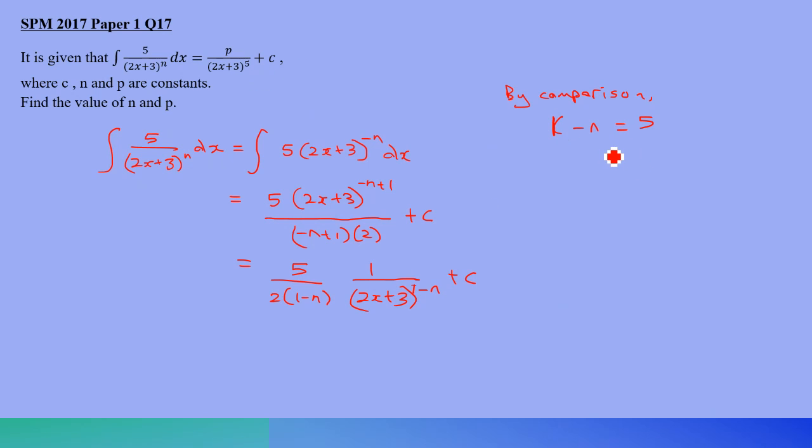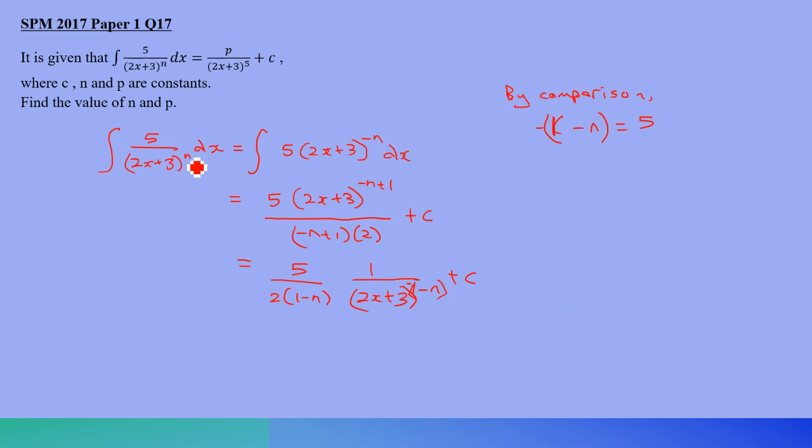So from here, did I put it correctly? Sorry, I made a mistake, there's a negative here. I missed out the negative, because when you bring it down, it becomes negative. Negative 1 minus n.